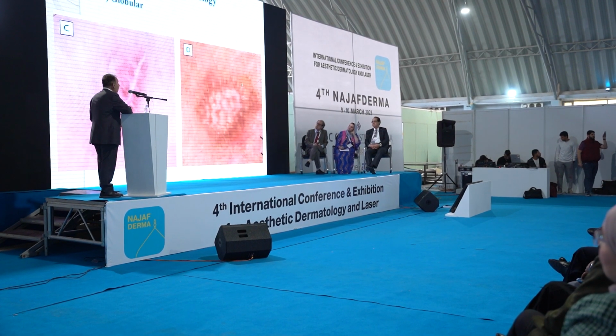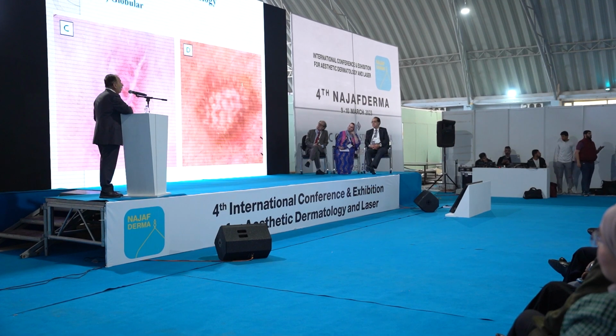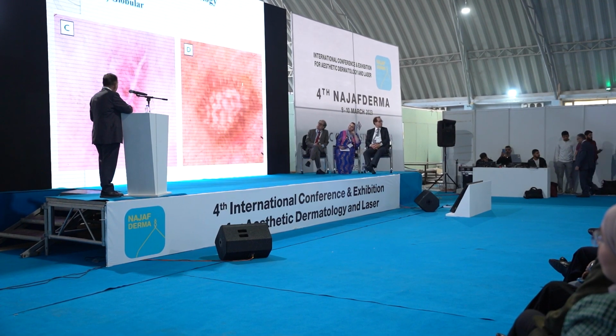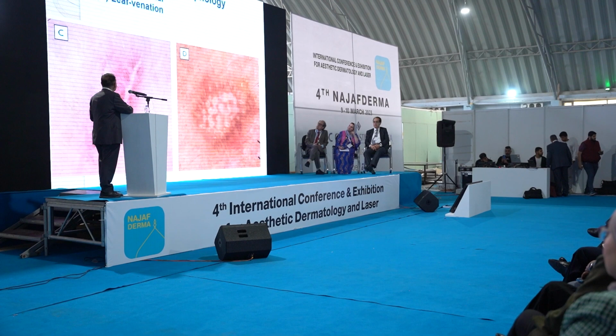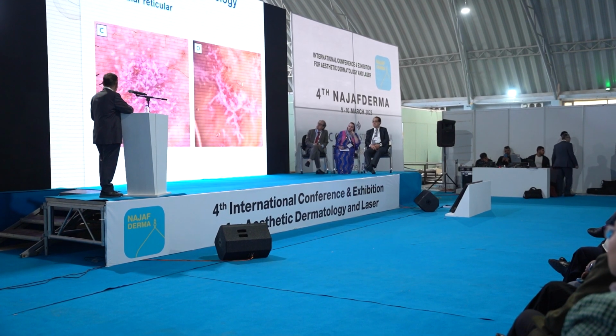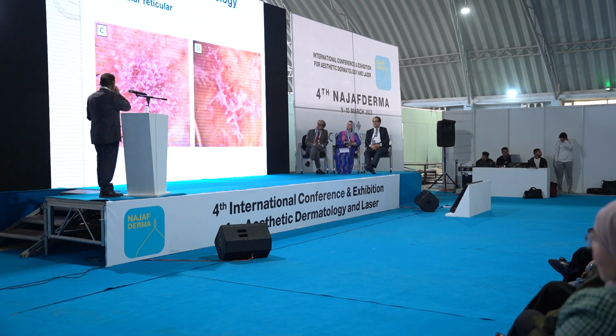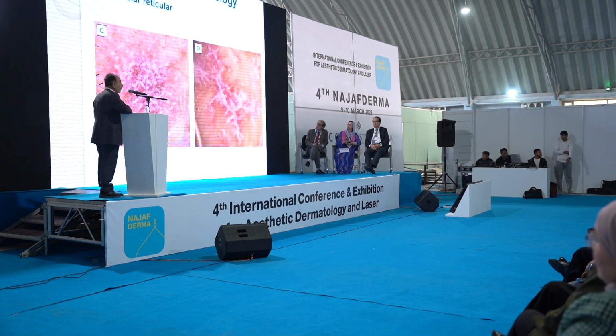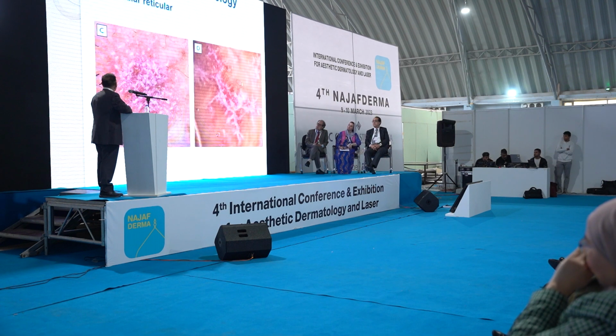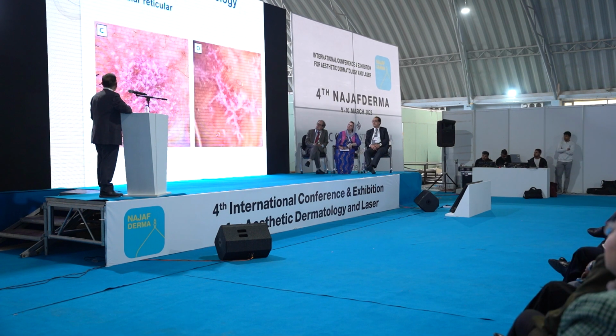It is globular, called globular Wickham striae. So, in conclusion, again, there are different morphological features, strange and interesting features of Wickham striae. For example, C is the annular-like Wickham striae, and B is reticular Wickham striae.